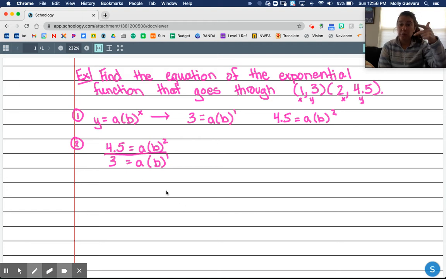Now, if you did it the other way, with 3 equals a times b to the 1 on top, you'll get the same answer. It doesn't matter. But I just personally like to do whatever exponent is biggest on top.